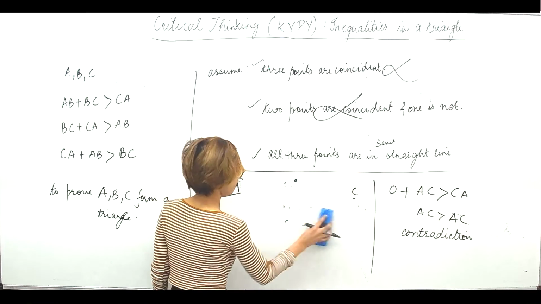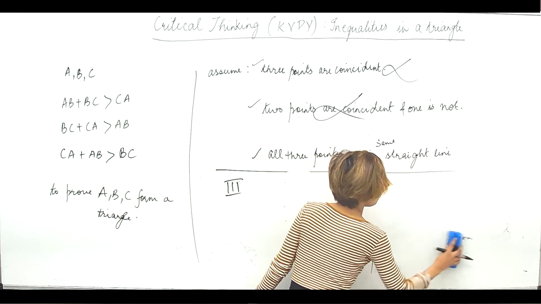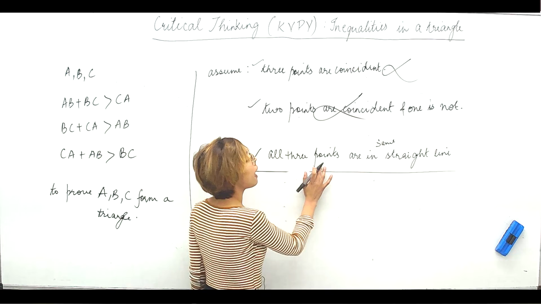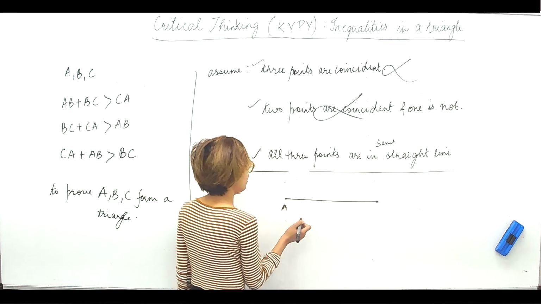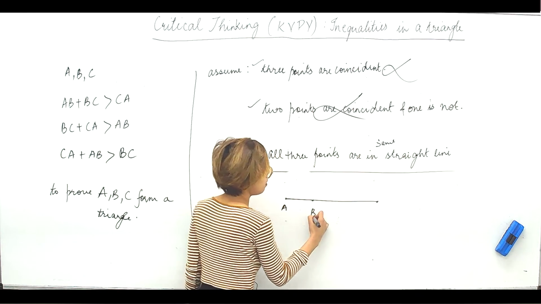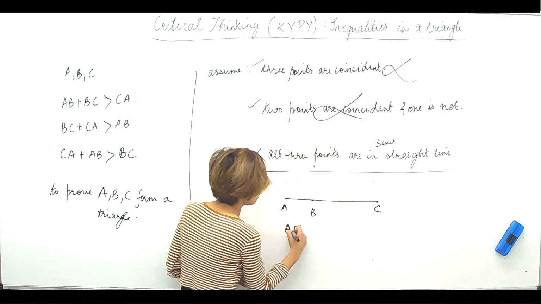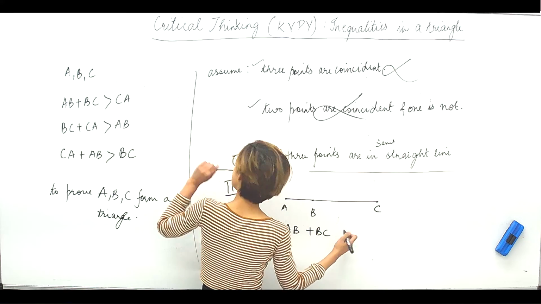Third one. So they lie in a same straight line. So let me take a straight line. A is here. Suppose B is here. C is here. Now AB is this length. BC plus BC is greater than CA.